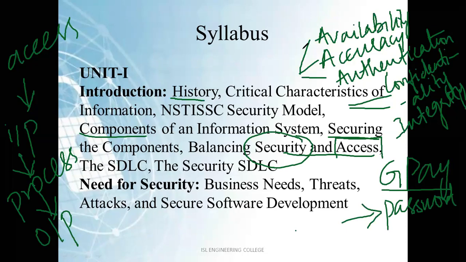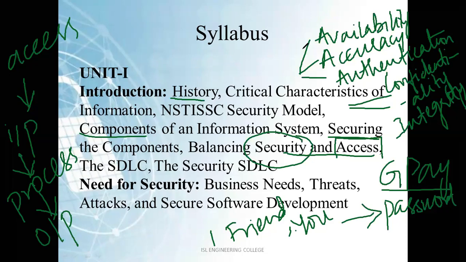Is the password known only to you, or to you and your friend, or to everyone? So there should be a balance between security and access. Access should be given only to a limited number of trustworthy persons. Then you're going to study the SDLC and how you're going to secure the SDLC model.